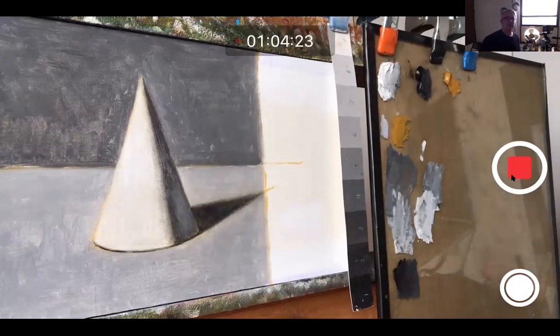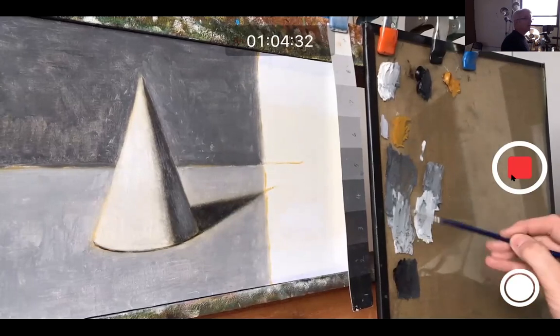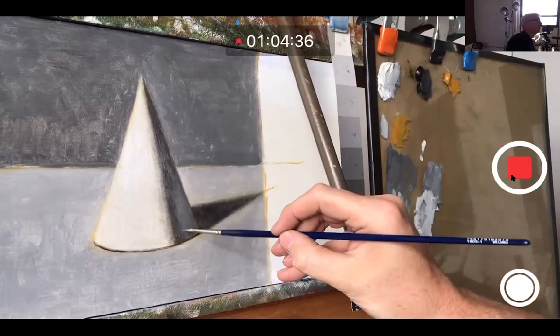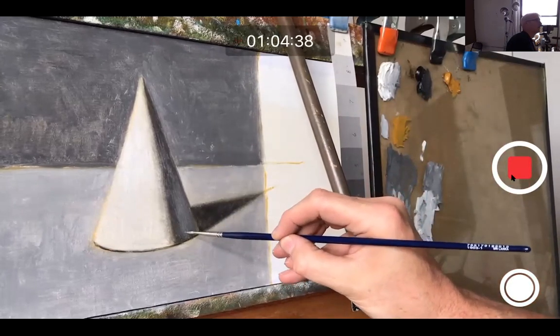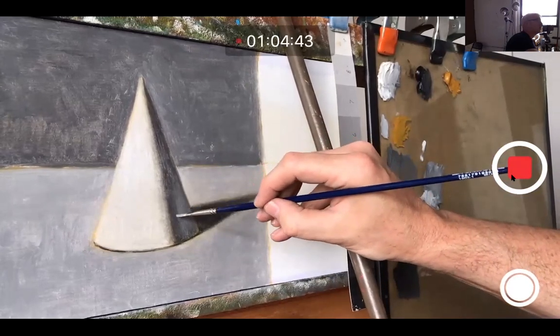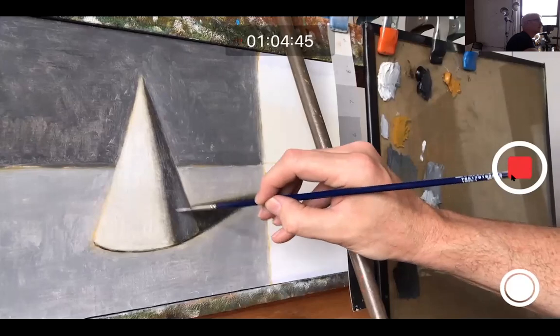It has to stay believably within the shadow mask. It's a reflected light, and it's a lighter area of the shadow mask, but it's not anywhere near as light as anything on the light side of the form.